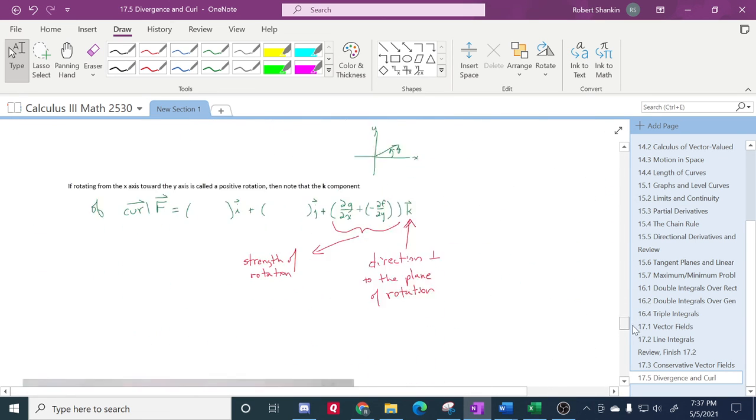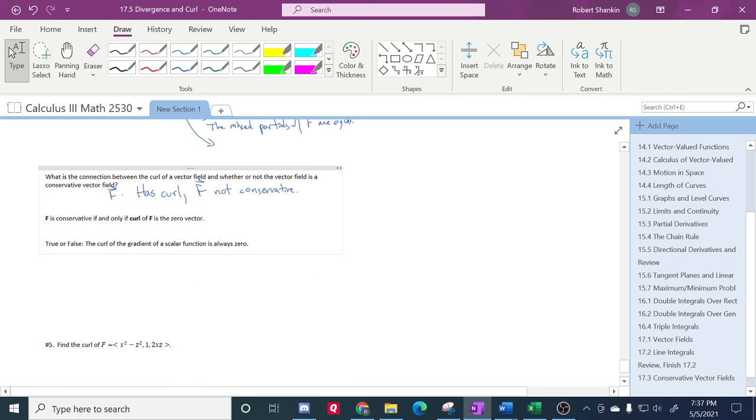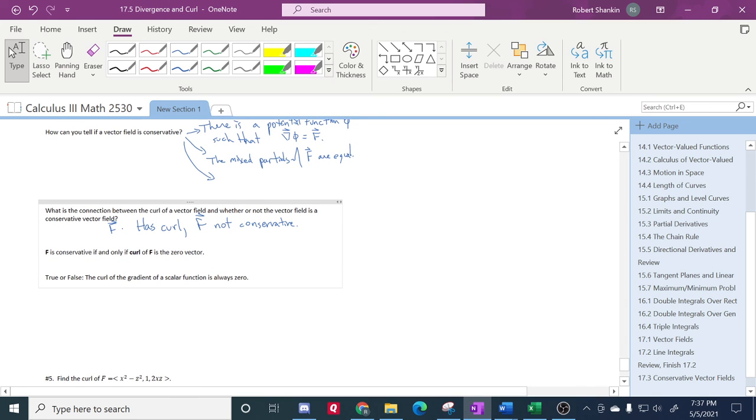All right, let's go. Okay, f is conservative if and only if the curl of f is a zero vector. All right, true or false?